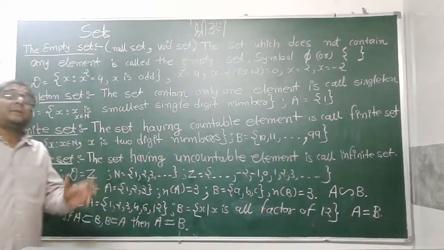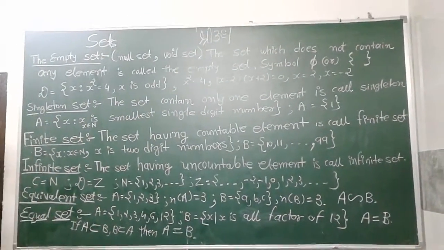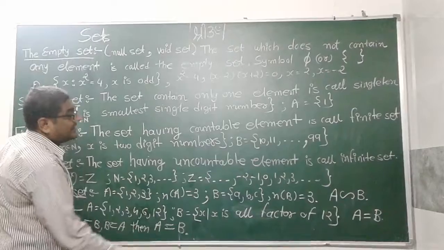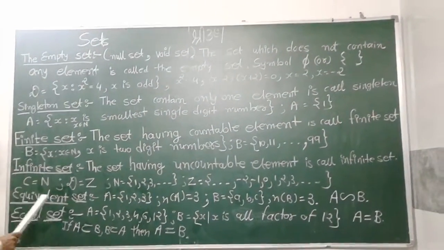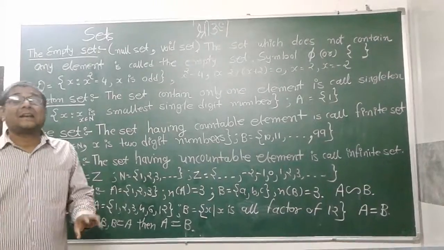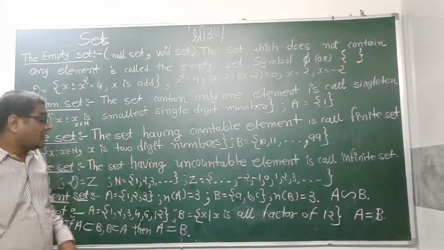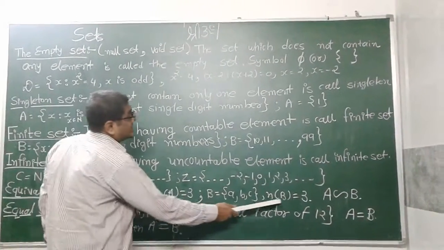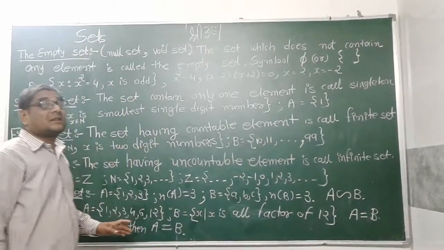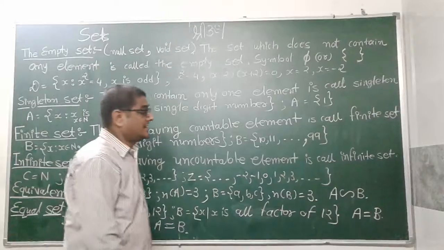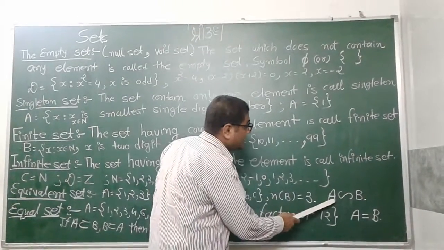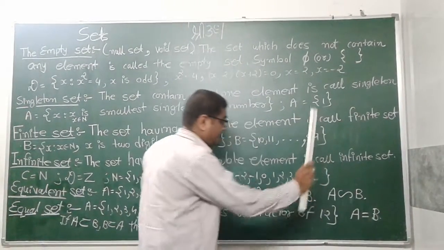So the number of elements is the same. Whether the elements are the same or equal doesn't matter. So what is the definition of equivalent sets? Two sets having an equal number of elements inside. It doesn't matter which elements are there. It is known as equivalent sets and symbolically it is denoted by A ~ B.